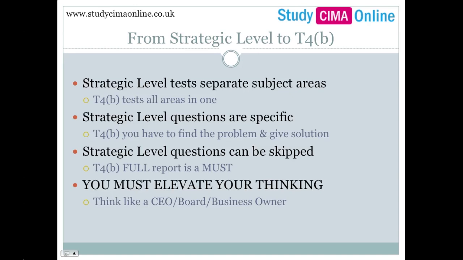However, when you come into the T4 Part B, it tests all of the knowledge you have gathered through the different pillars of your CIMA education, starting from the certificate level or any of the entry paths you have taken, all the way up to the point that you graduate from the CIMA program, completing the Test of Professional Competency in Management Accounting.